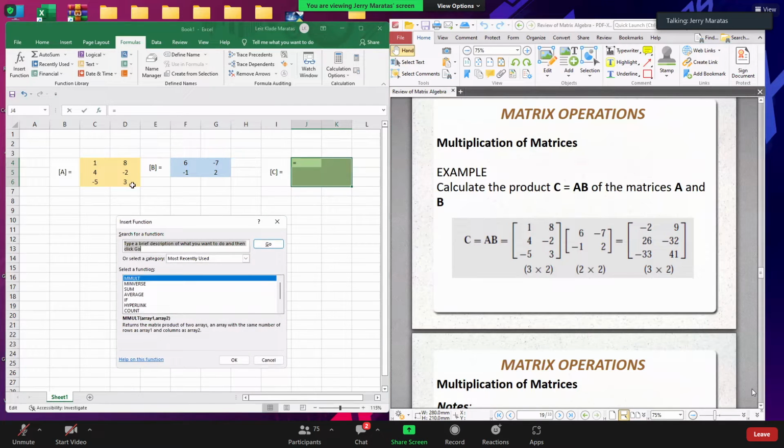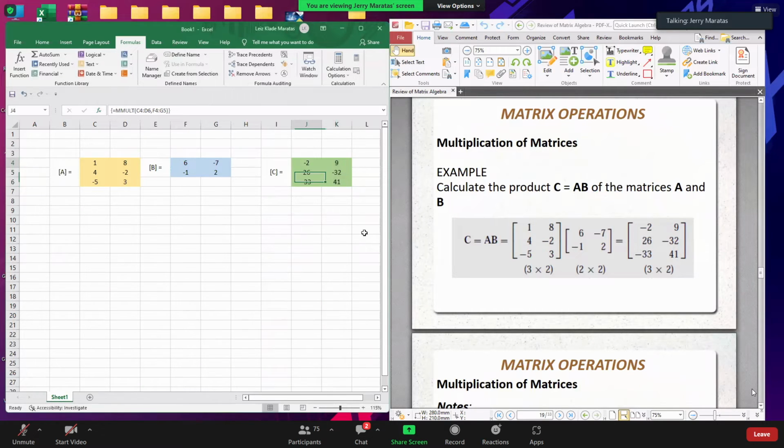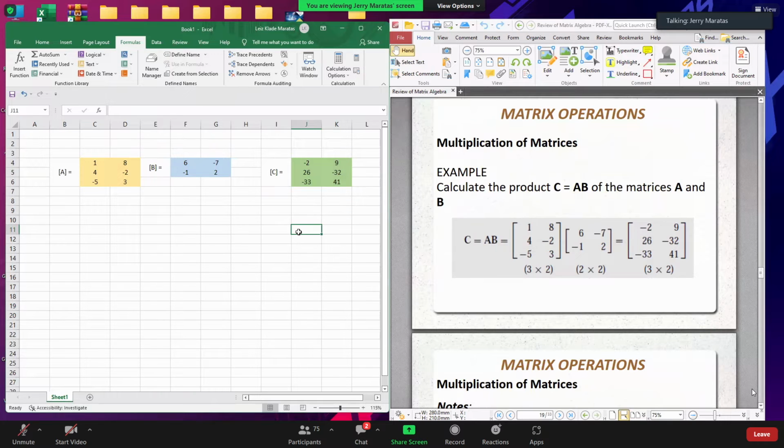The first array is this, the second array is this. Then after that, Control Shift Enter. This is now the result. Okay, that's using the Excel program.